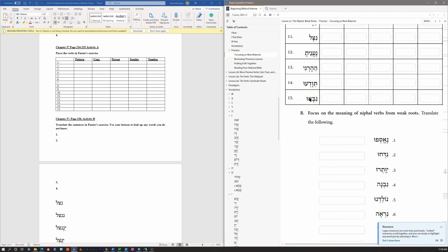But because the root has a third aleph, that's what causes this to open up. So we've got Niphal perfect 3CP form of Nava, which is prophesied. So this would be they prophesied.